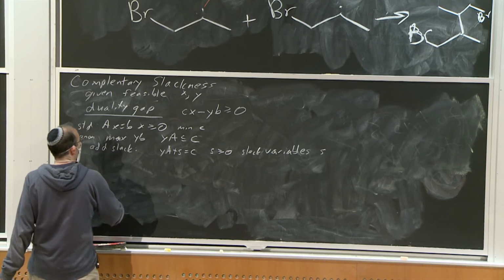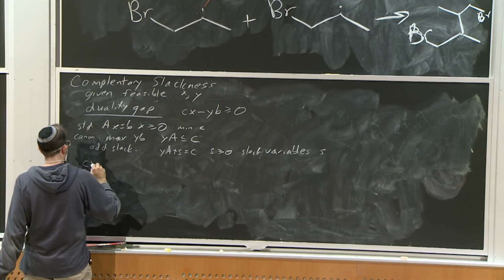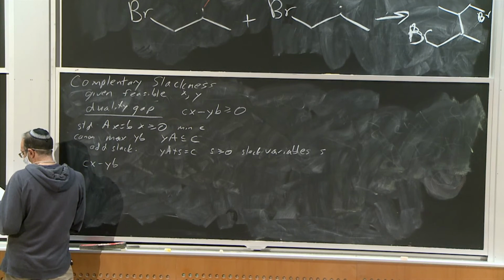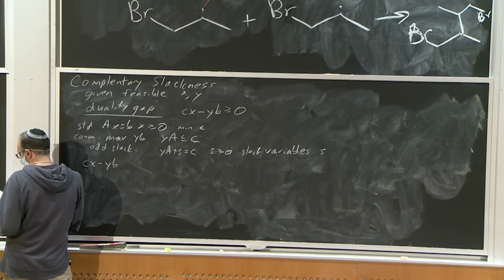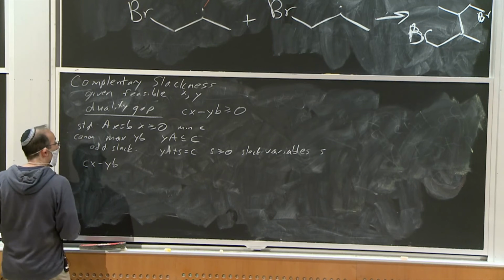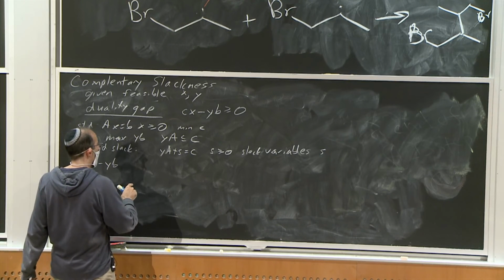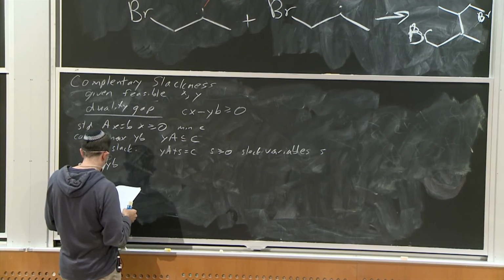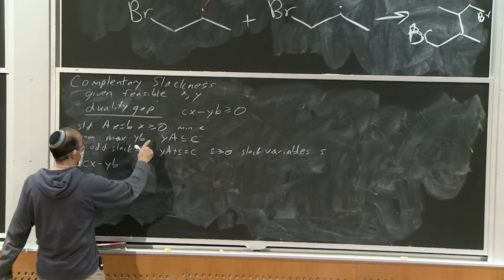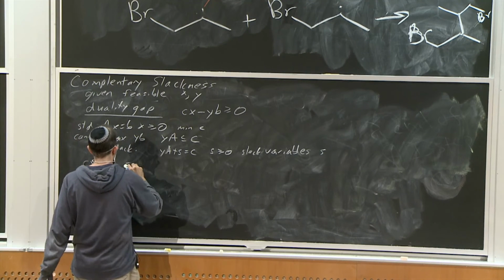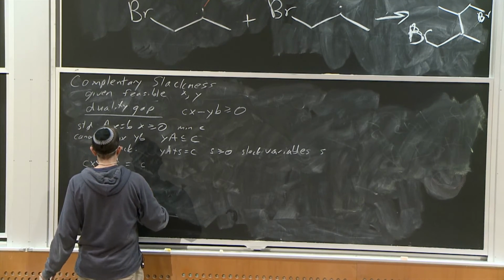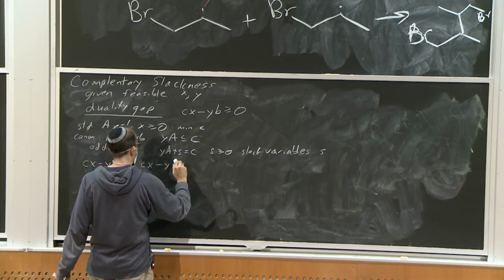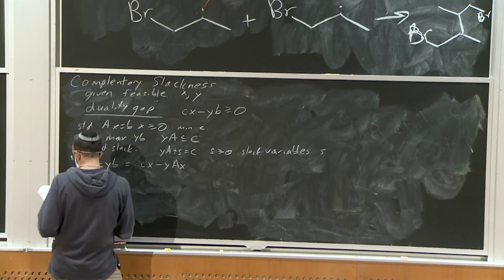And now, if I write out my duality gap, Cx minus Yb, what we've asserted is that Ax is equal to b. So this is equal to Cx minus YAx, right?